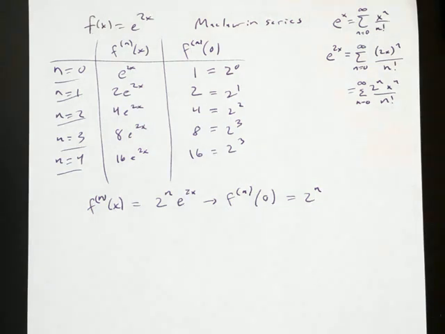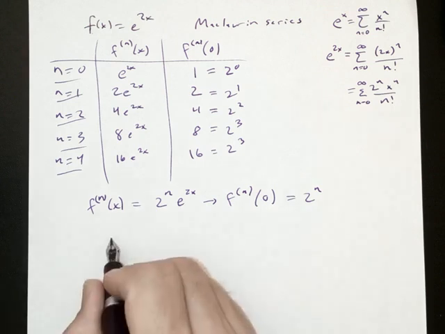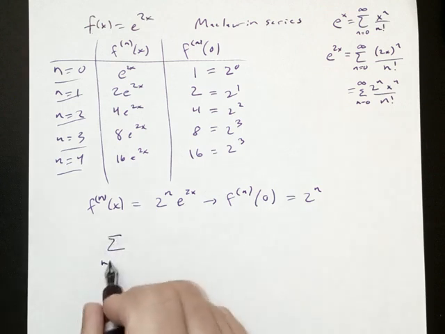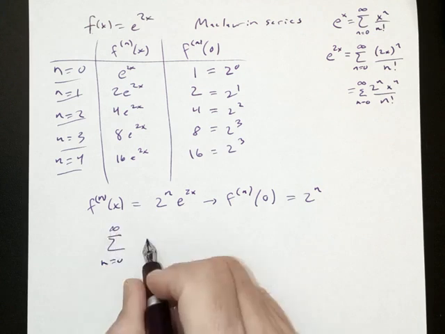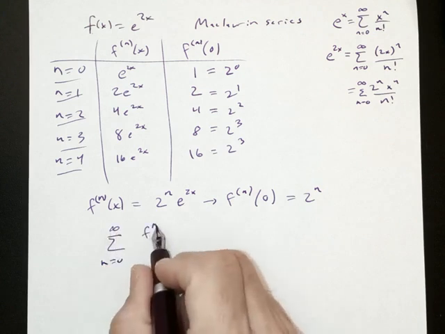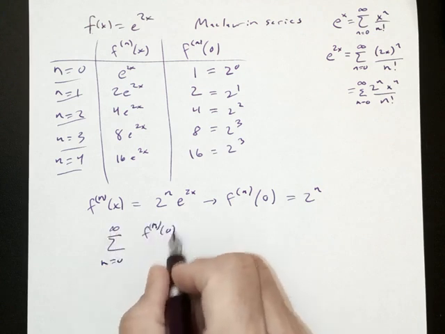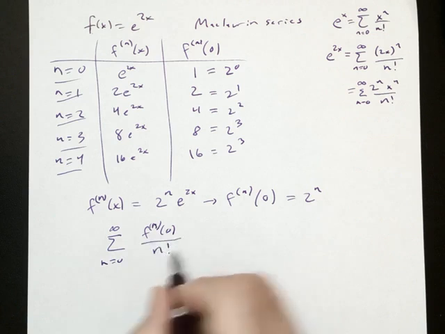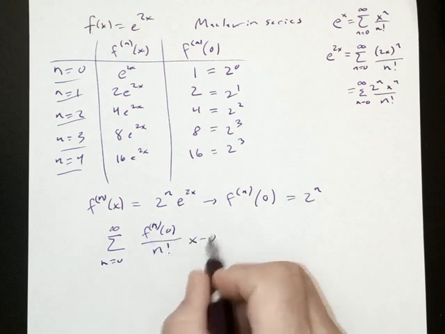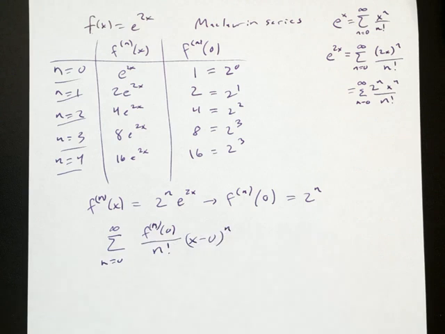Okay, now out comes Taylor's formula. My power series looks like the sum from n equals 0 to infinity of the nth derivative evaluated at our center over n factorial, times x minus the center to the n.